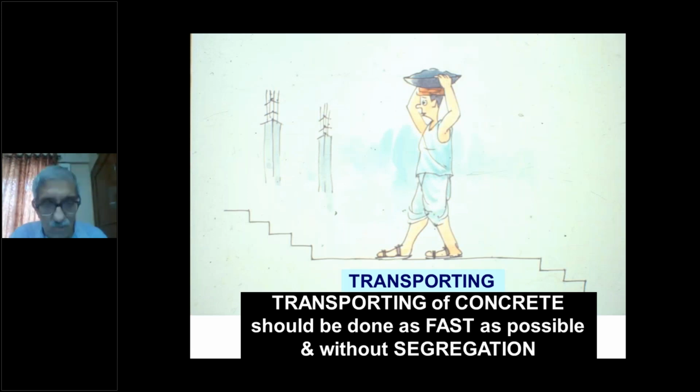The next step is transportation. Transporting of concrete should be done as fast as possible without segregation. So if we are transporting manually, you have to make sure that the transportation is done as fast as possible.